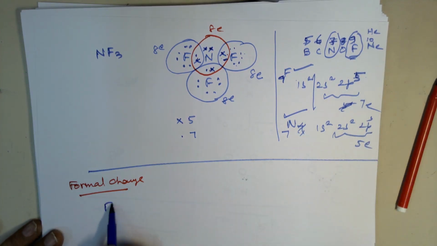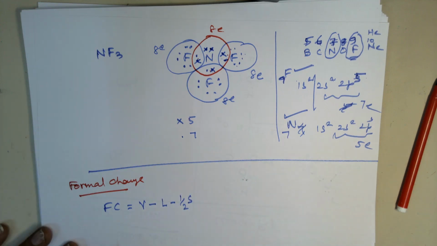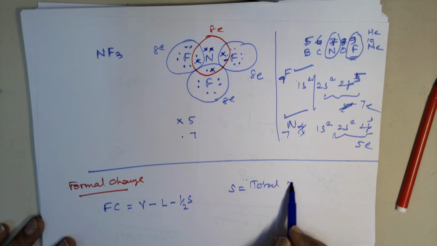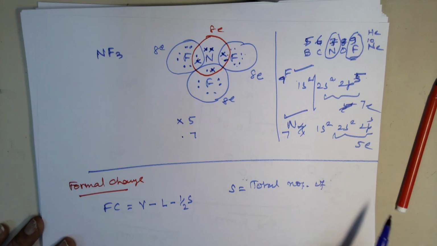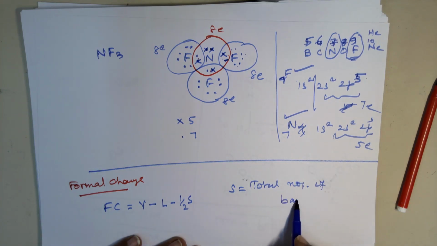It is given by FC is equal to the valency electrons minus the lone pair of electrons minus 1 by 2 of S, where S is the total number of bonding, that is shared electrons, or bonding electrons.